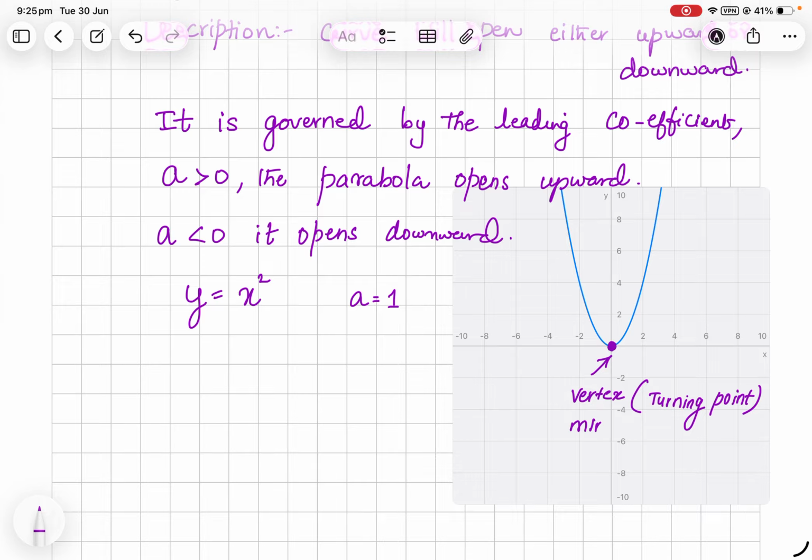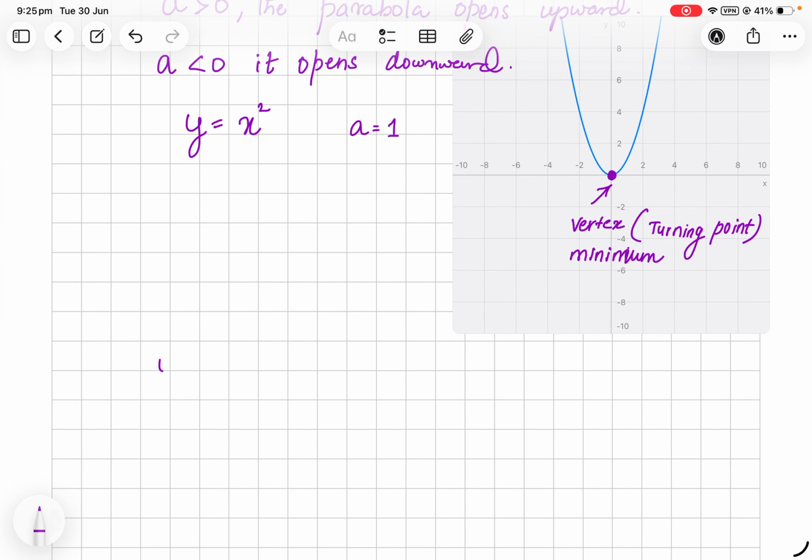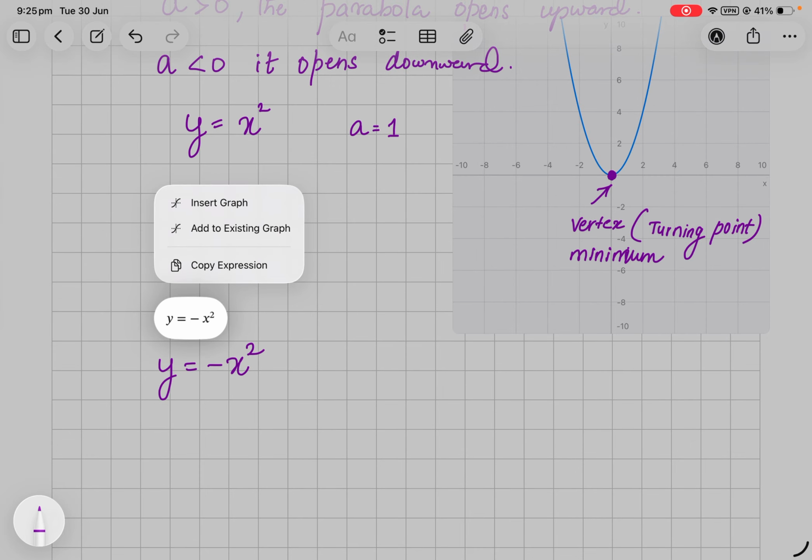So in this case, this is the minimum, your lowest point.